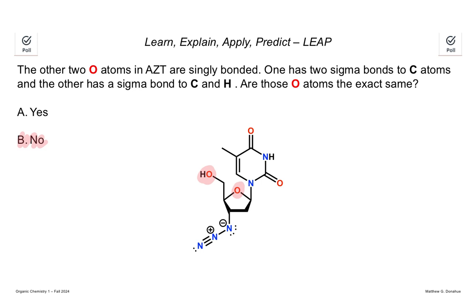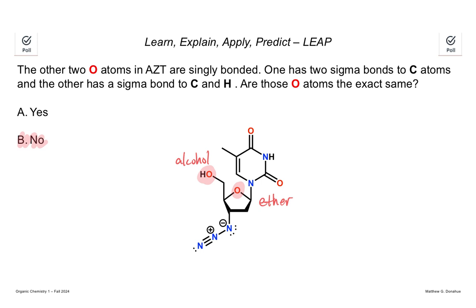And so where we're going with this, I think the last slide today when I talk about functional group names, this oxygen up here is called an alcohol. The oxygen that's bonded to two carbons that's in the ring is called an ether. E-T-H-E-R, ether.